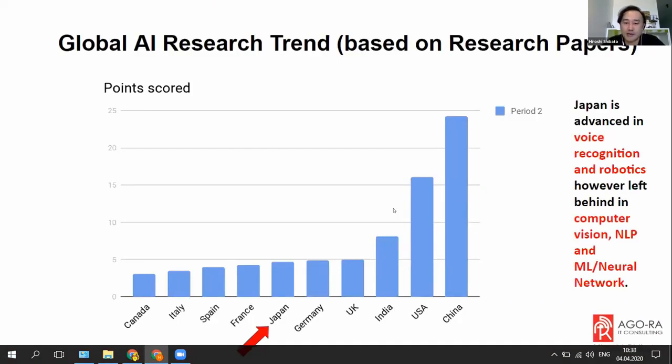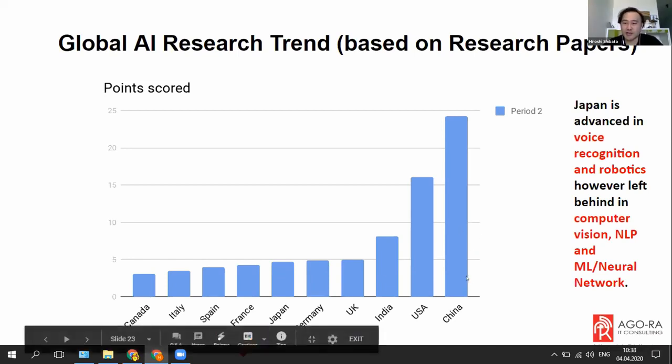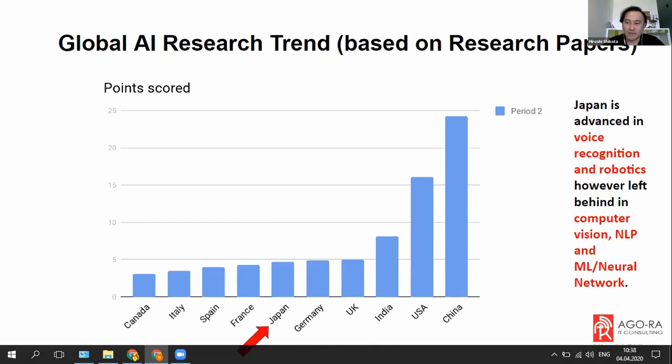In terms of research papers published by each country, as you can see, China and the USA have published the most research papers on AI.